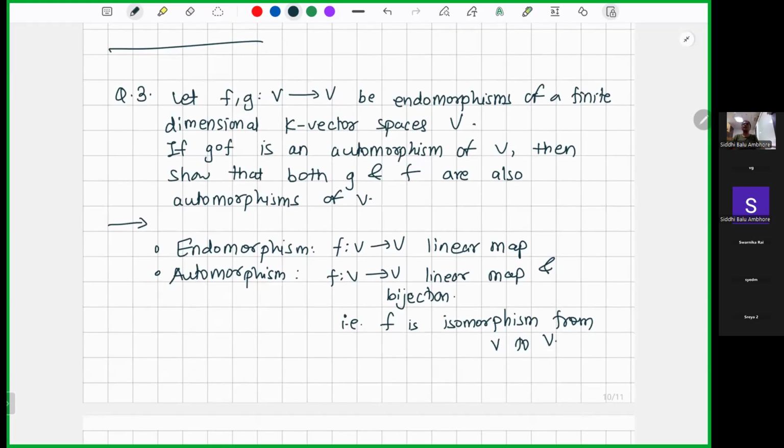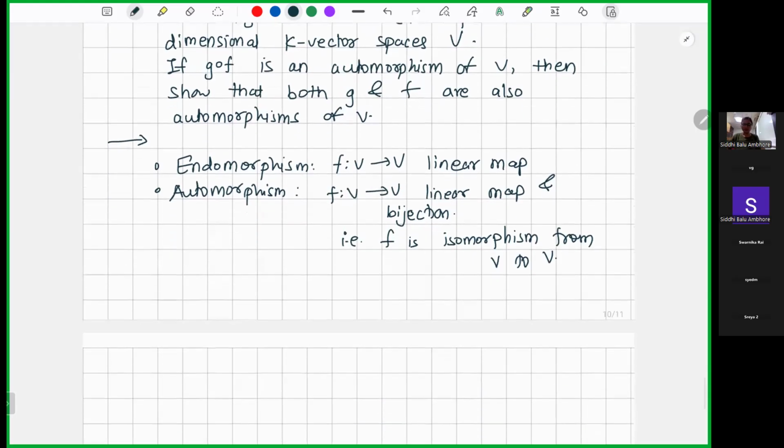Endomorphism is just any linear map. Automorphism is just a bijective linear map.